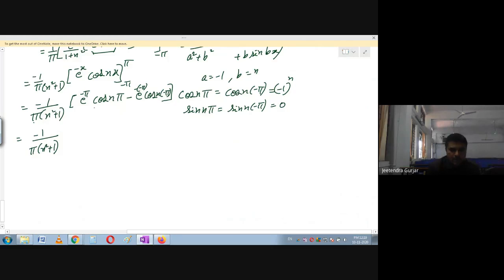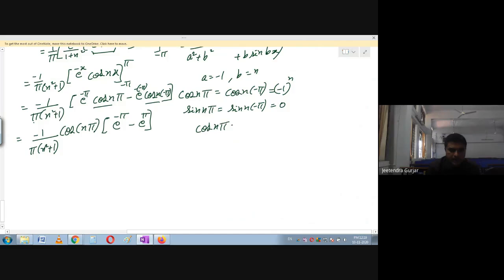Cos n pi is constant, so I'll remove it outside. So here you can see it is e raised to minus pi, and this is minus e raised to minus into minus will become plus. So please remember the two formulas.